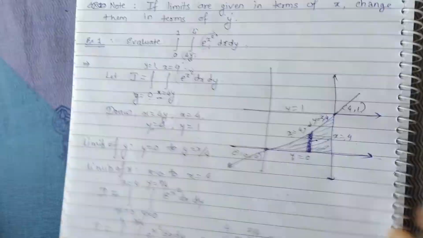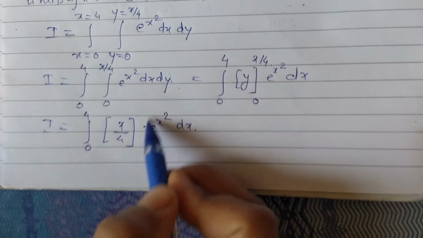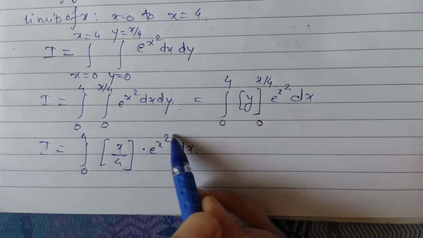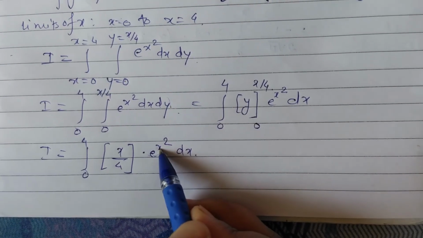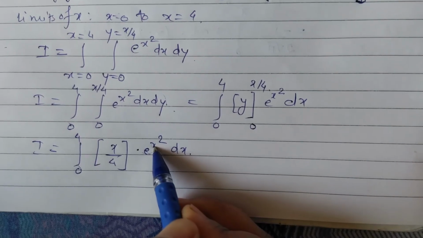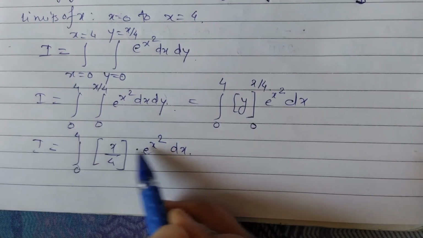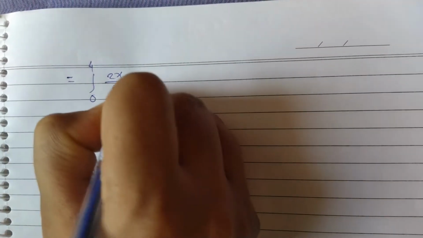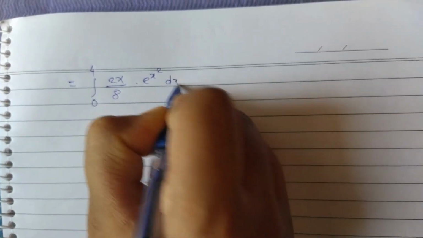So this is equal to the integral from 0 to 4 of x by 4 into e raised to x square dx.